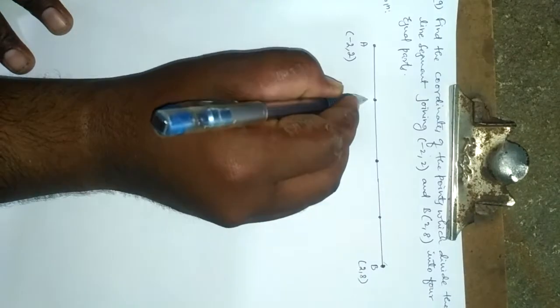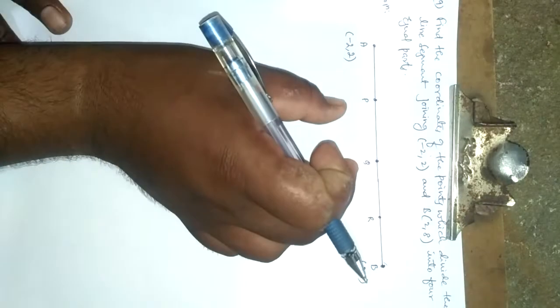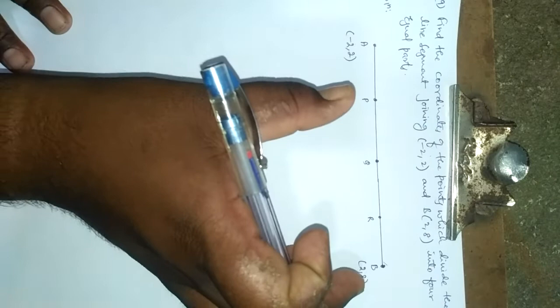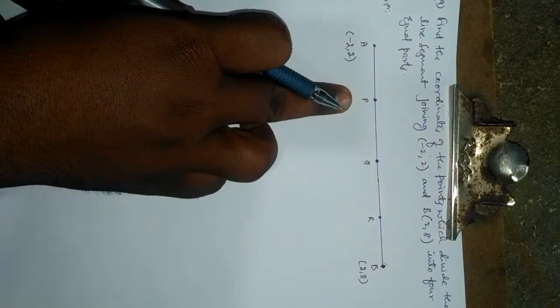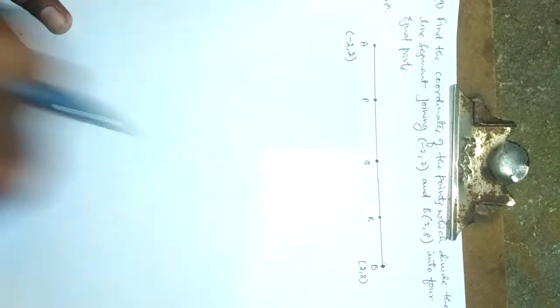So we get P, Q, R. So AP, PQ, QR and RB are 4 equal parts. So we have to find the coordinates of point P, point Q, and point R.